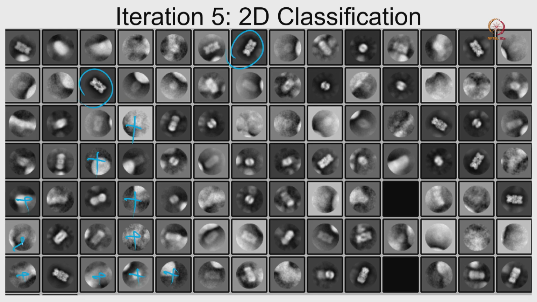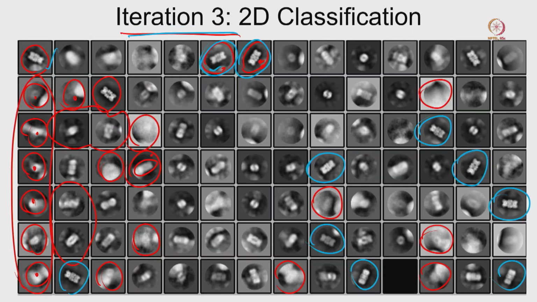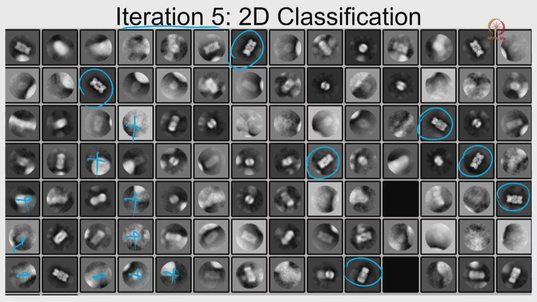We have to remove those, and we are focusing only on the good particles we have. If you look at this particular class from iteration 3 and go to iteration 5, you can see more details in this class.